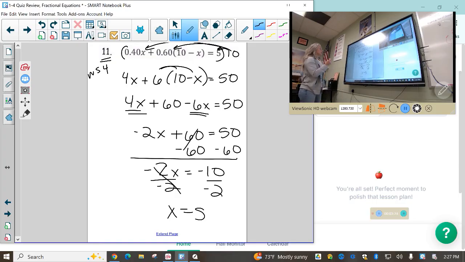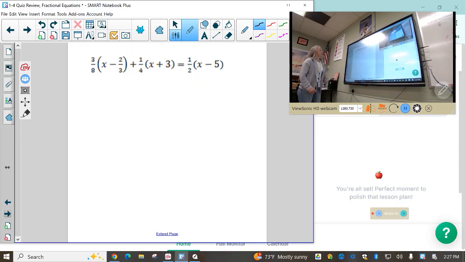All right, let's move on. Now this one is a little bit trickier because we have fractions on the inside and on the outside. I like to go ahead and distribute if possible to get all of the fractions on the outside, but I only distribute into the parentheses that have fractions. I'm not going to distribute into this one or this one. There's no fractions in there, but I am going to distribute this one.